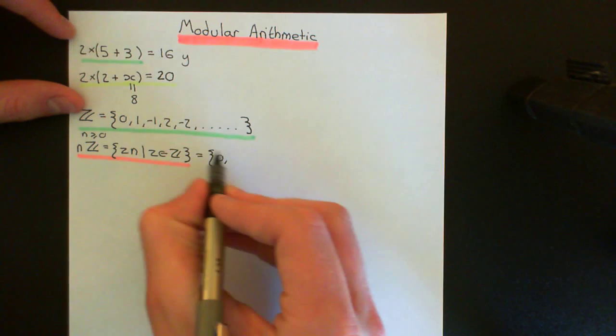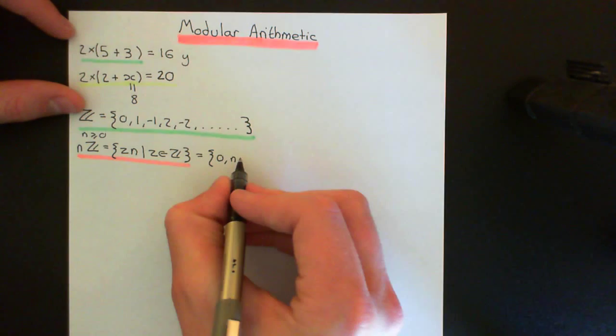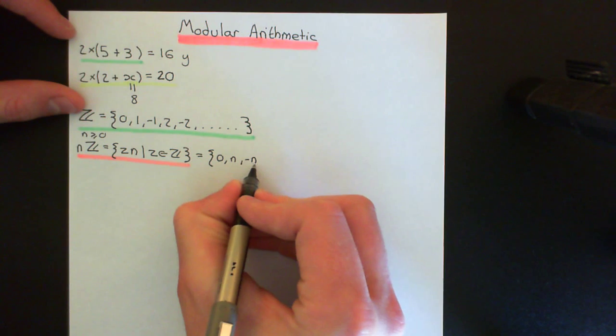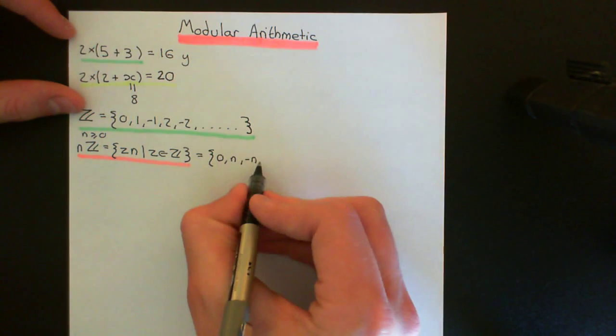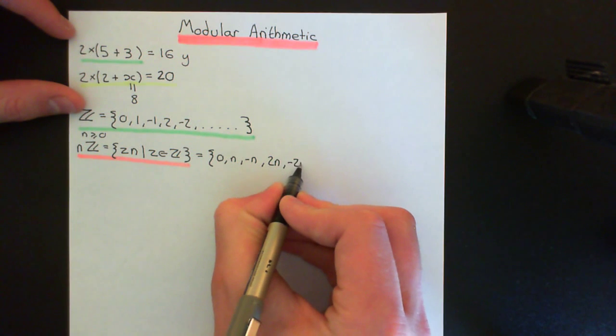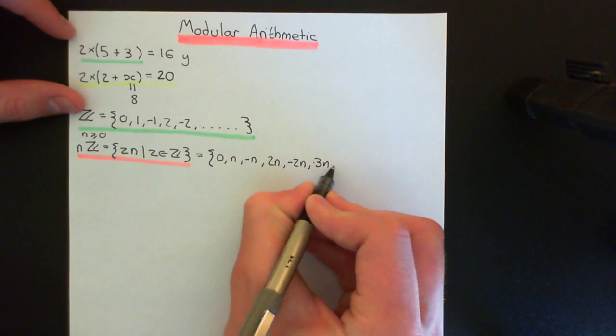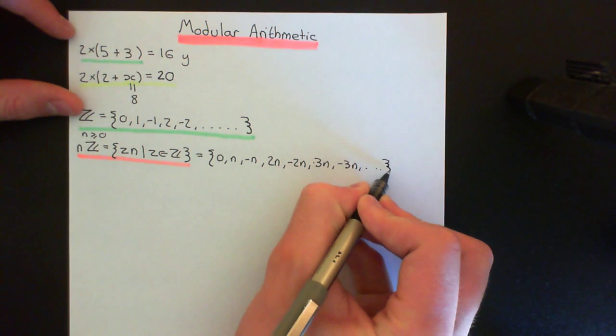Then when we put 1 in, we get n. When we put in -1 for z, we get the additive inverse of n, so we get -n. When we put in 2, we get 2 times n, so n plus n. And it will go on: -2n, 3n, -3n. So explicitly, this is what it is going to look like.